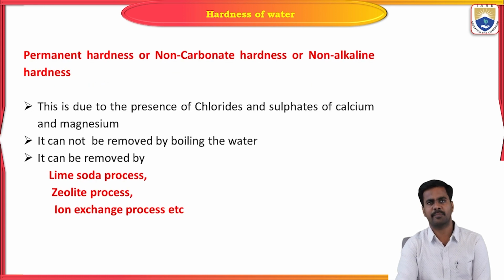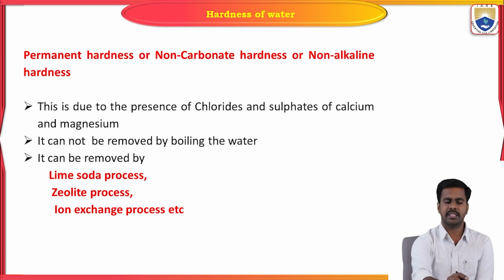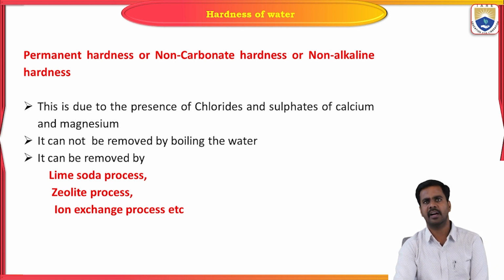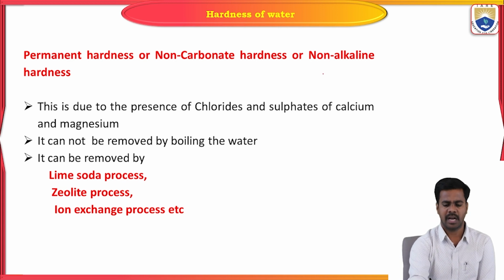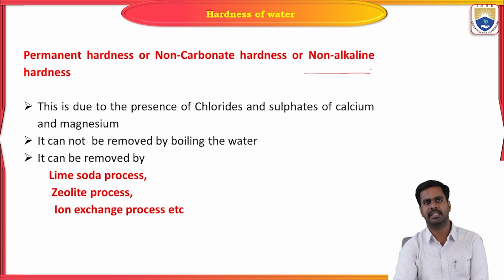Next, permanent hardness. It is also known as non-carbonate hardness and non-alkaline hardness. It is due to the presence of chlorides and sulfates of calcium and magnesium. It cannot be removed by boiling the water.